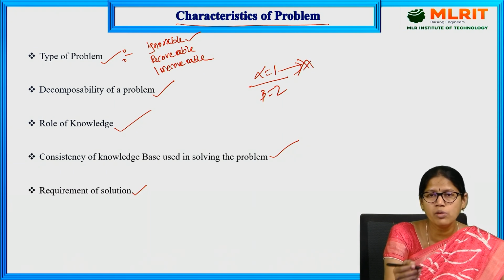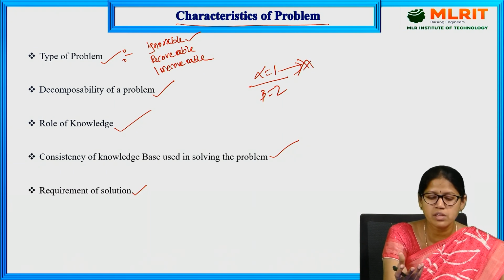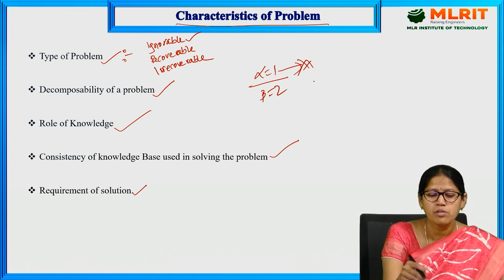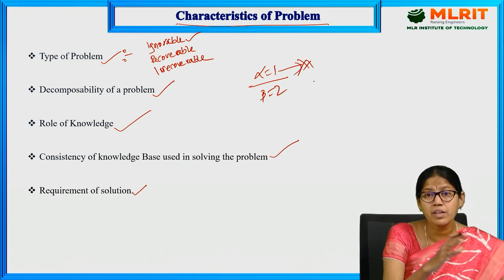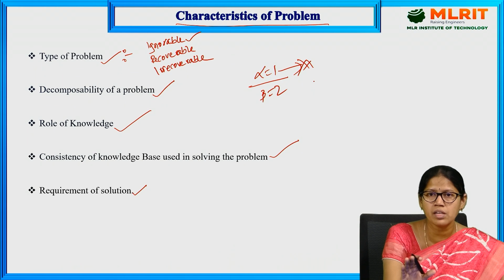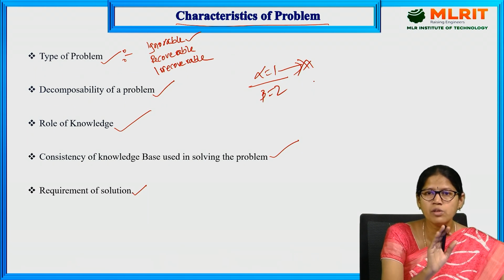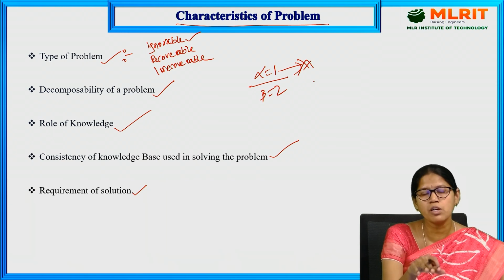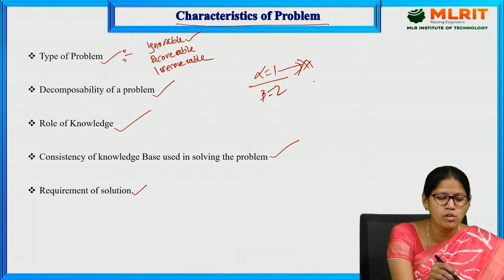We will ignore that kind of solving, then apply another control strategy to lead to the goal state. That is the ignorable type of problem.